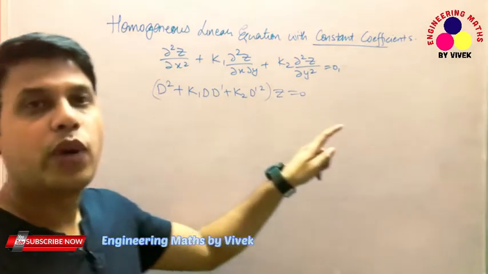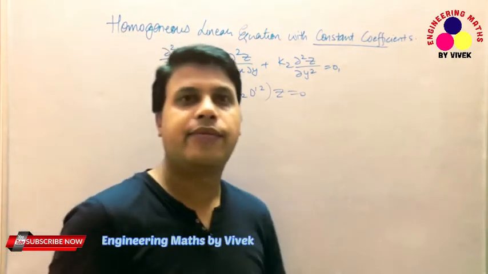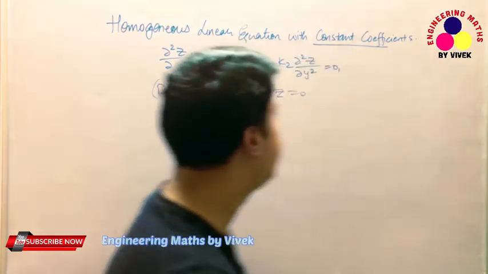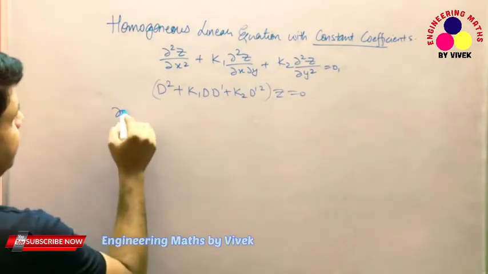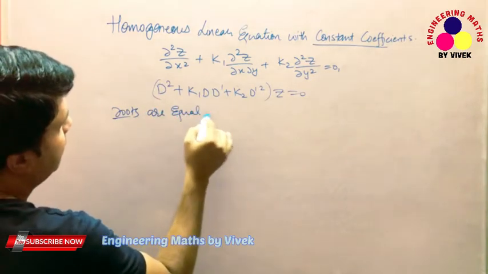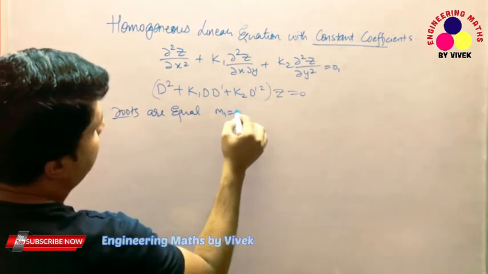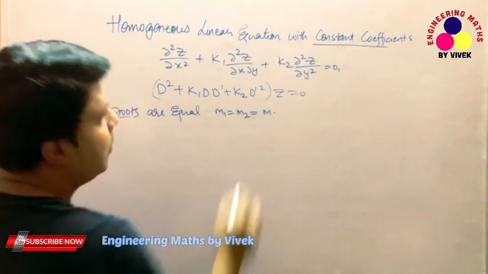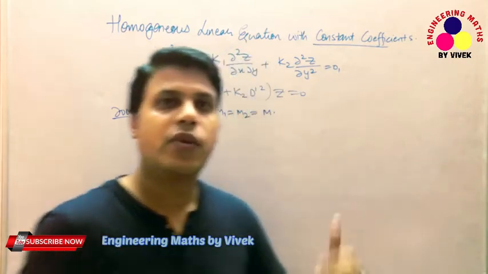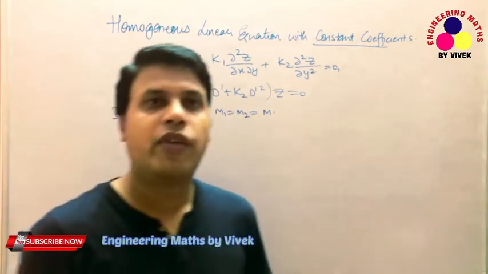Again, this is a quadratic equation and it could have two roots, and we are assuming that now both roots are equal, and we are taking m1 equals m2 equals m.